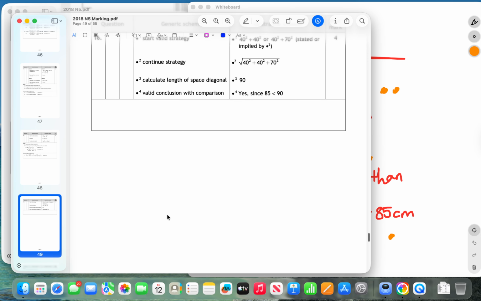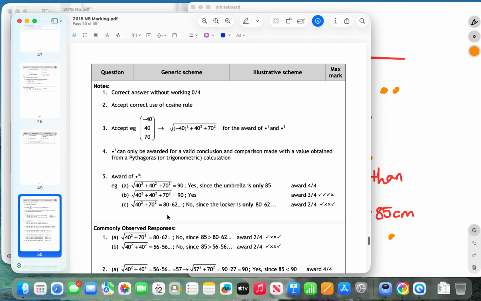Let's have a look at what cost people a lot of marks. So the first one is, if you don't show any working or any justification, you will lose marks, because somebody could just guess 90, but guessing 90 or guessing any number is not part of the course.